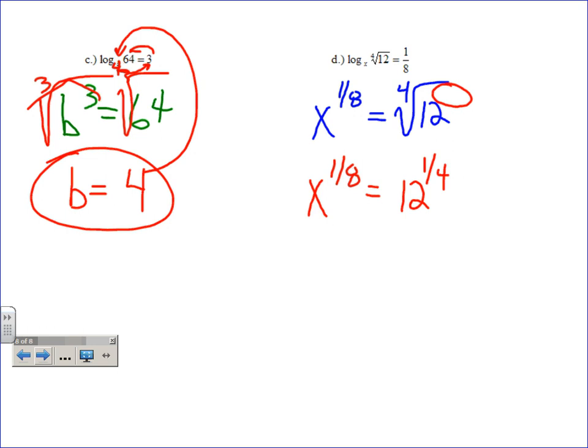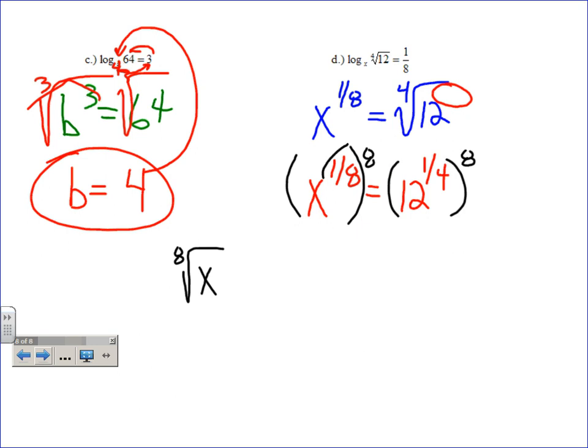I've got a 1/8 power there. How do you get rid of a 1/8 power? Well, remember, truly what it means is that, correct? You know how to get rid of that. How would you get rid of that? Take it to the 8th power, right?